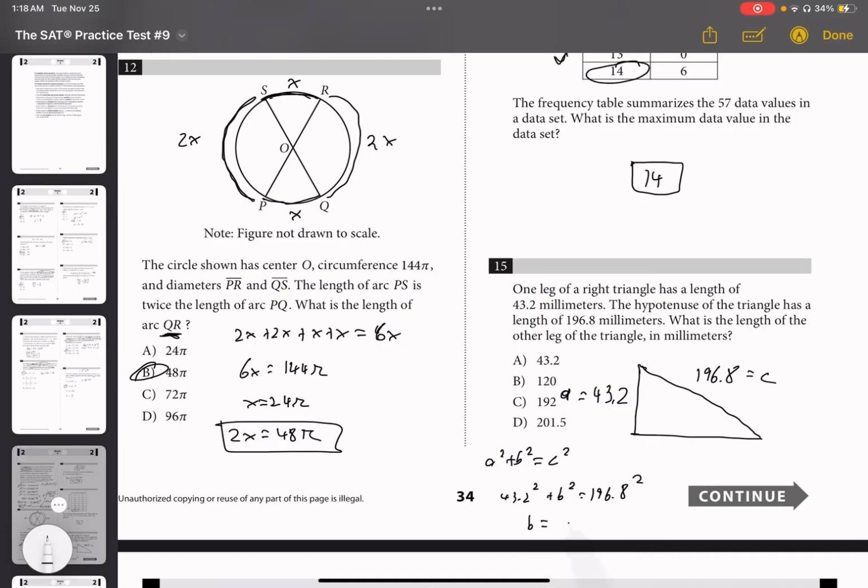Now b can be solved for by moving a to the other side, and we take the square root of both sides, and we get b is equal to, plug this into our calculator now, and we get 191.86, which is 192 when rounded to the nearest millimeter.